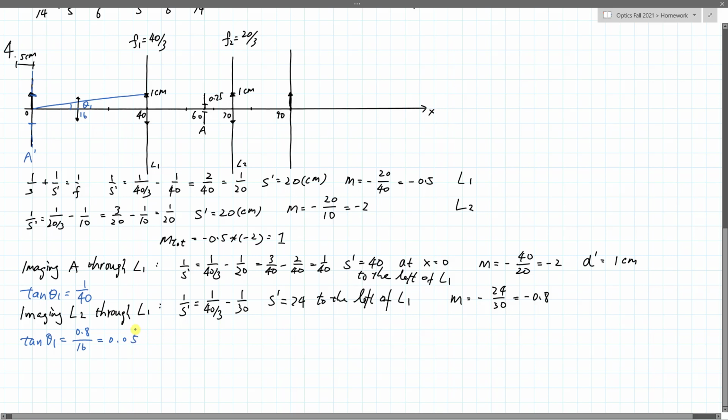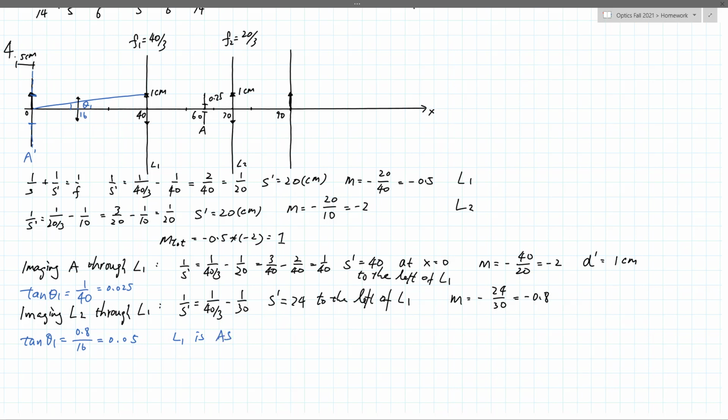Okay, so I also need to calculate this. This is 0.025. Yep, and 0.8 over 16 is 0.05. Okay, so that tells you which one is limiting the angle more. It is L1.